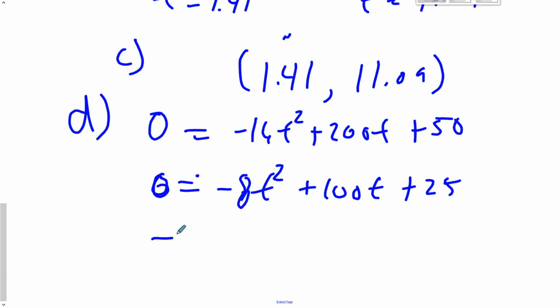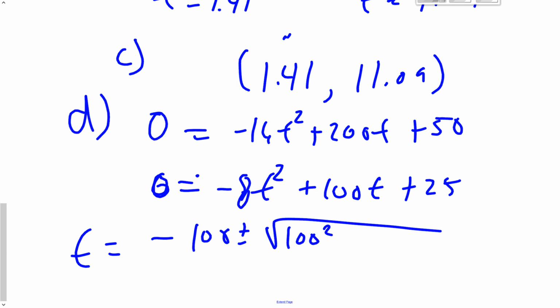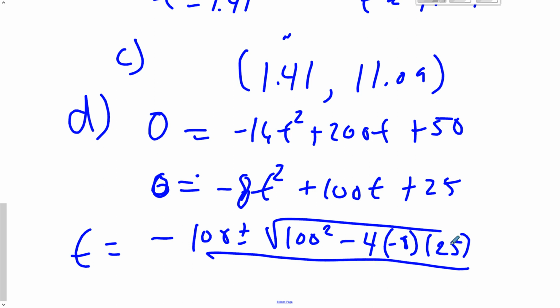So when you do your negative b, you'd only have negative 100, and then you're squaring 100, plus or minus the square root of 100 squared minus 4ac. So this time our c is positive, right? So then we have a negative times a negative. So here we're going to be adding to whatever our 100 squared is, and then square rooting that, and then adding negative 100, and then dividing by negative 32.